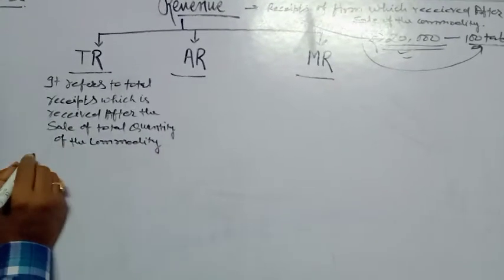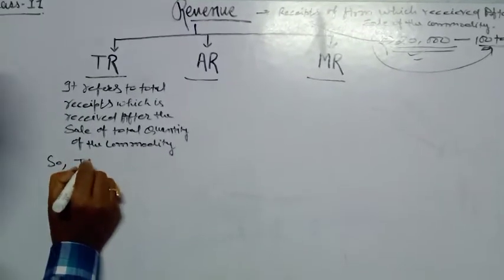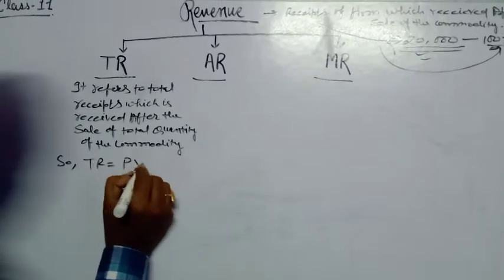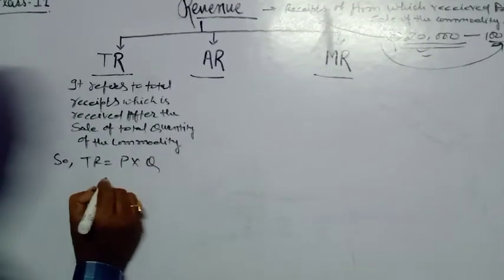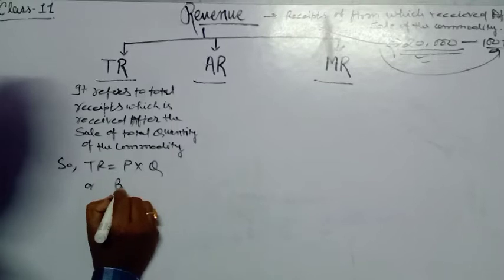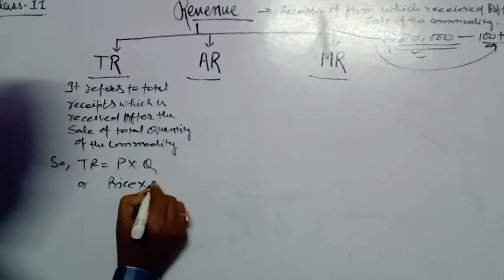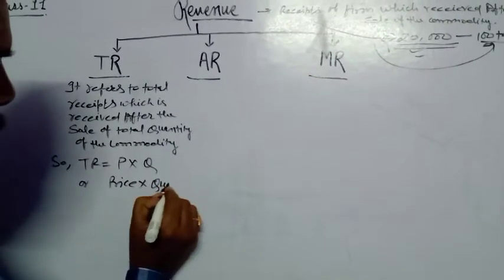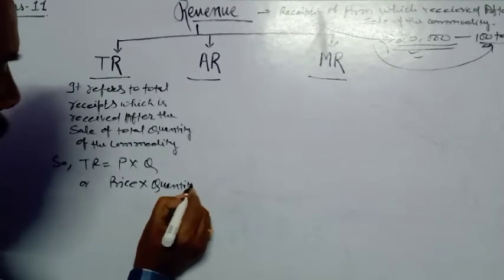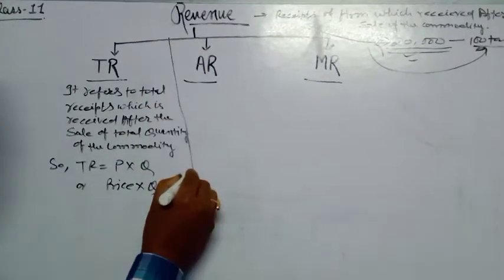So TR is equal to P into Q, or price into quantity. So this is the TR.